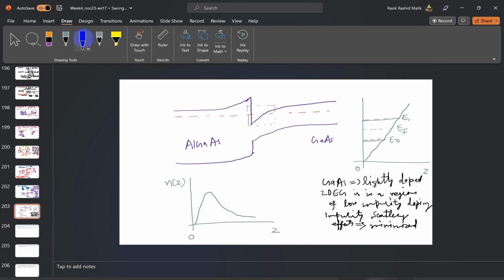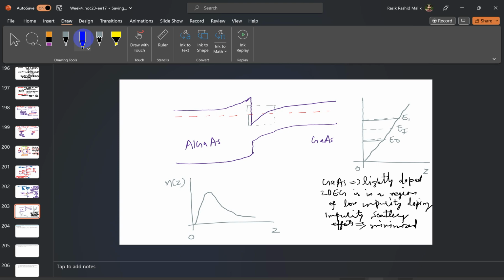So now the electron mobility will be much larger than if the electrons would have been in the same region with the ionized donor. So for the gallium arsenide it has a very high value of mobility.